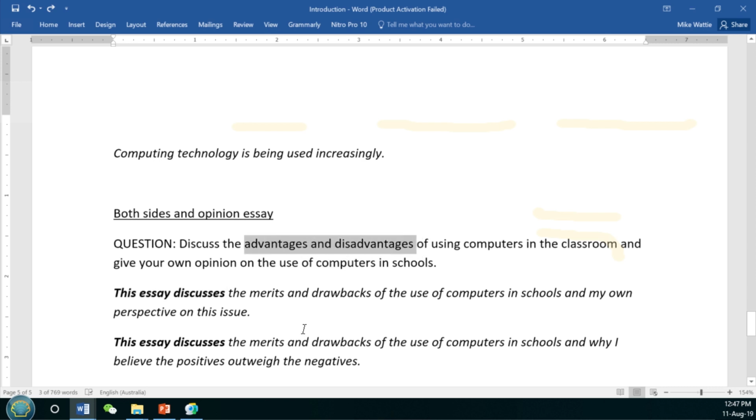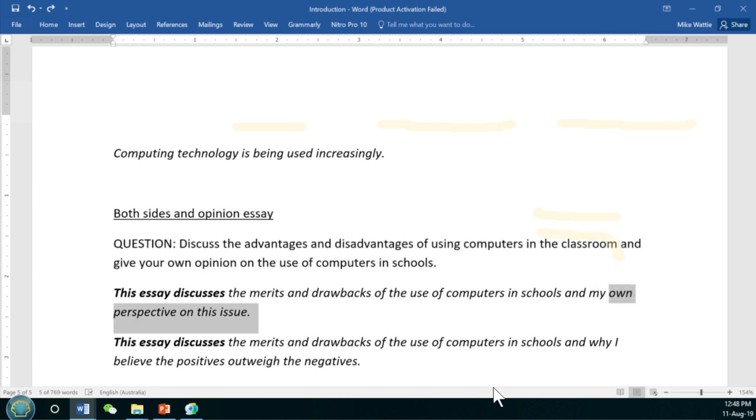Advantages becomes merits, disadvantages become drawbacks of the use of computers in schools, and my own perspective on this issue. So that's one way to complete your specific statement, by just paraphrasing the words from the task. So merits, advantages, drawbacks, disadvantages, and then this opinion here becomes my own perspective on this issue.